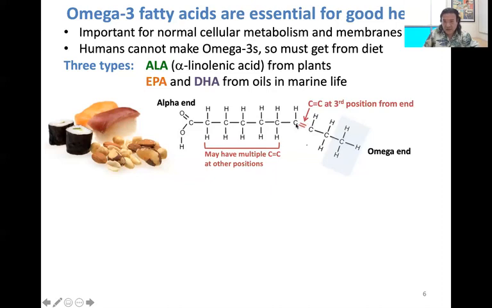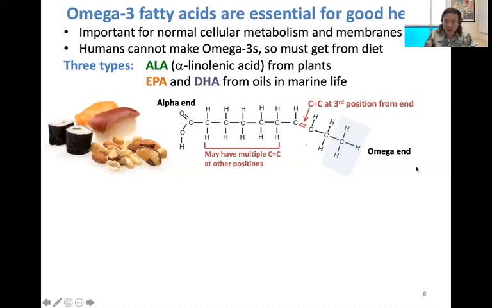So in omega-3 fatty acids, the 3rd and 4th carbons from the omega end is where you would find a double bond. There may be double bonds elsewhere in the chain, but the important one that defines this as being an important omega-3 is this double bond at the 3rd position from the omega end.